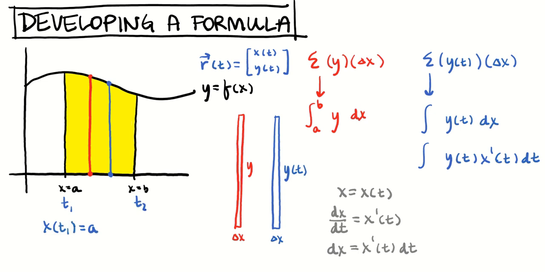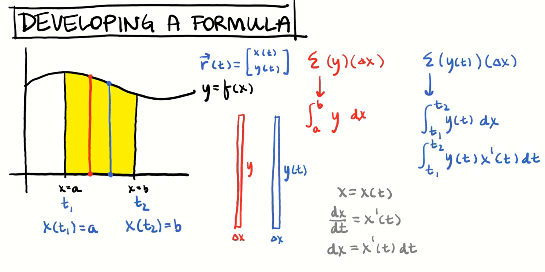And if this is t2, and we're just saying that this is some t2 where x of t2 equals b. Okay. So if this integral I've got on the far right side is an integral in t, I'm going to need to integrate from t1 to t2, and I'll just have to be careful about what these are that get me the starting and ending places of my region that I'm trying to find the area of.